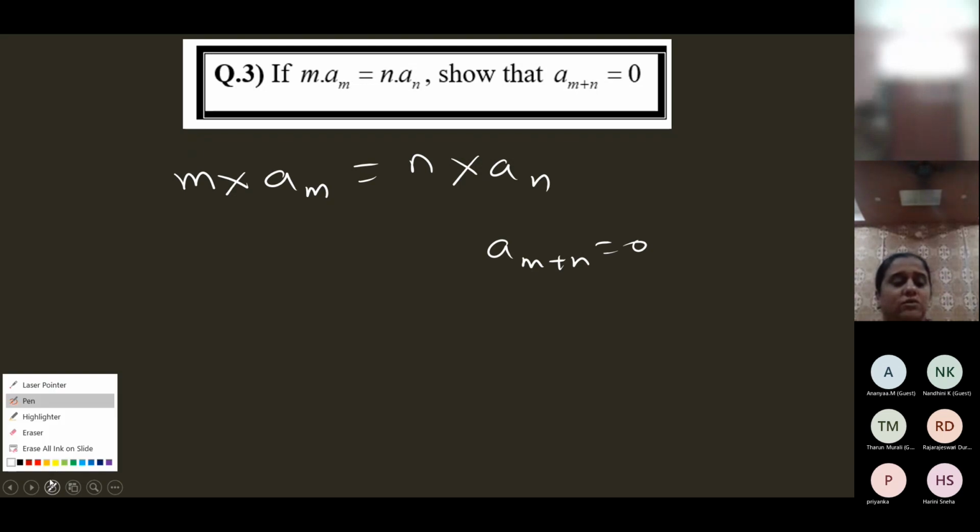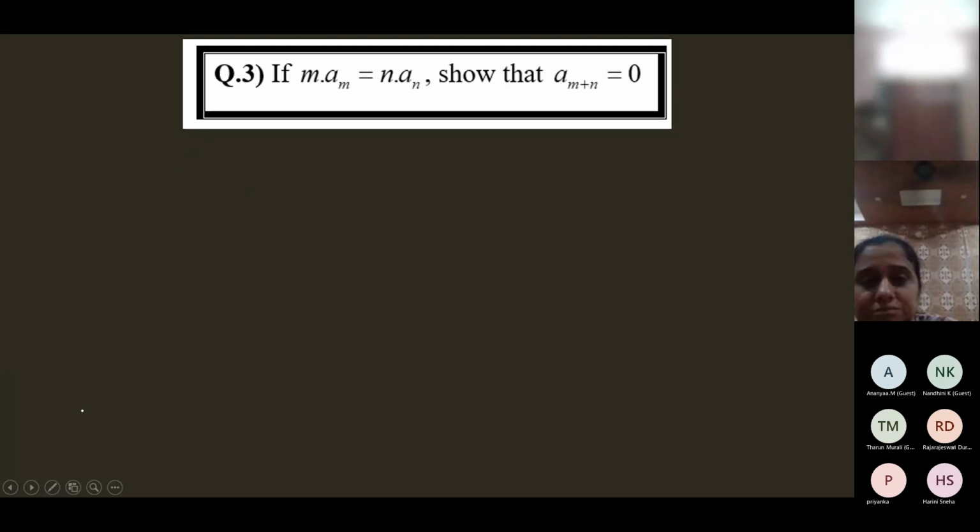Somebody read the question completely in words without using the symbols. Please repeat.